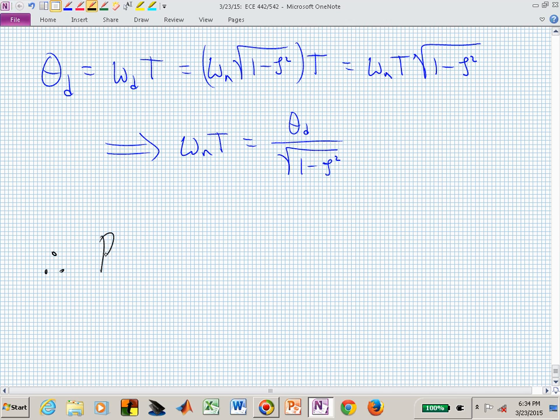Which says that r, which is e to the minus zeta omega sub n t, is now e to the minus zeta theta sub d over the square root of 1 minus zeta squared.